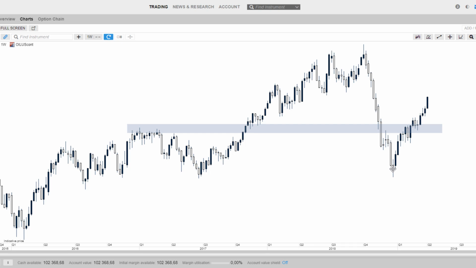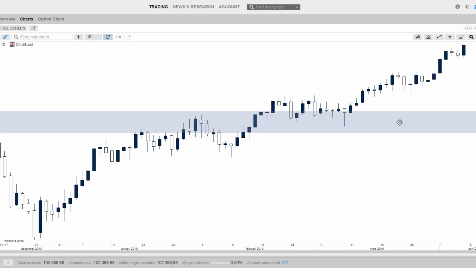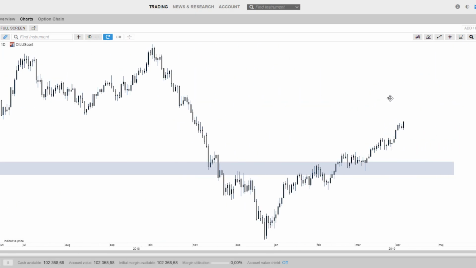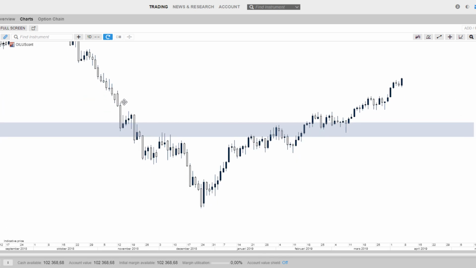So now that price in the beginning of 2019 broke back above again, I was interested in this area again. So going to the daily chart, you can clearly see the rejections happening here in this area. So here price broke below, it found resistance, traded lower, traded back up.